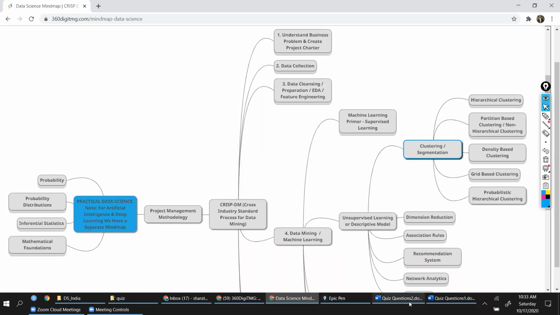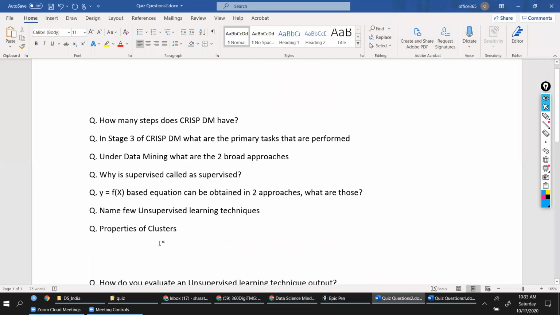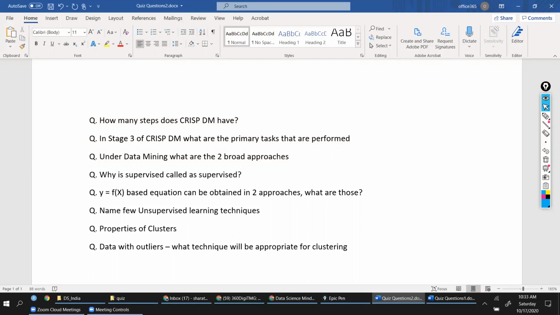Okay, let me write this. Data with outliers. What technique will be appropriate for clustering?